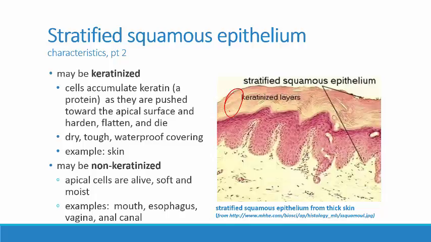And so the linings of the mouth and esophagus, the lining of the vagina and the anal canal, all of these places have non-keratinized but stratified squamous epithelia so that they can replace themselves as materials scrape through these areas.